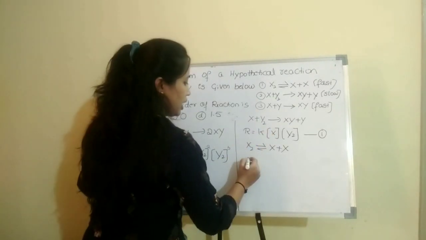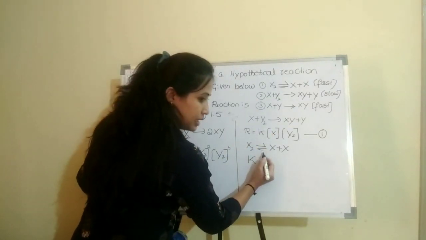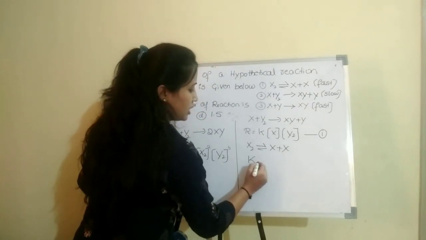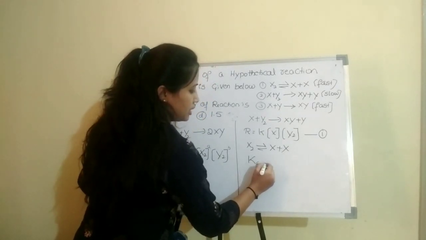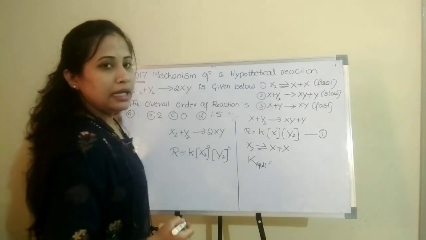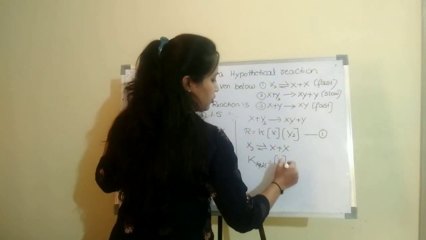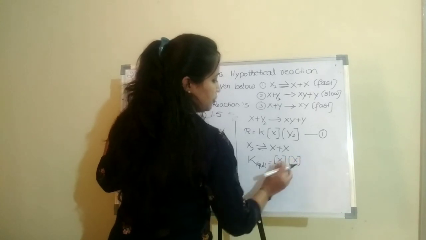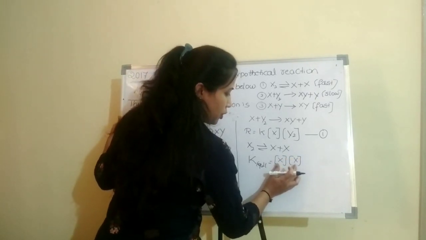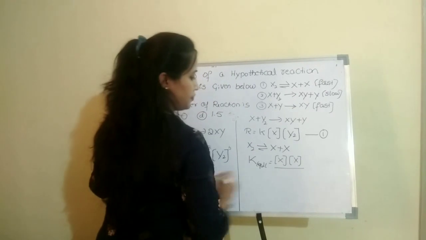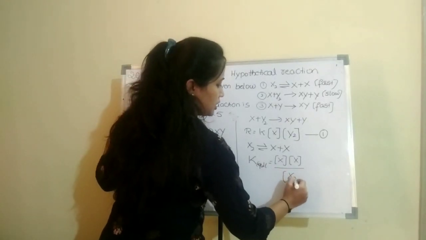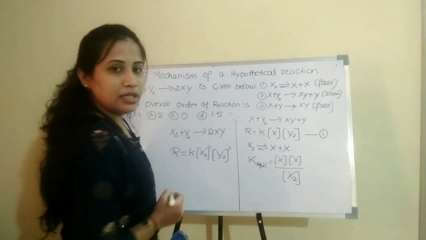Since it is a reversible reaction, I can write K equilibrium is equal to the concentration of the products to the concentration of the reactant. Agree?